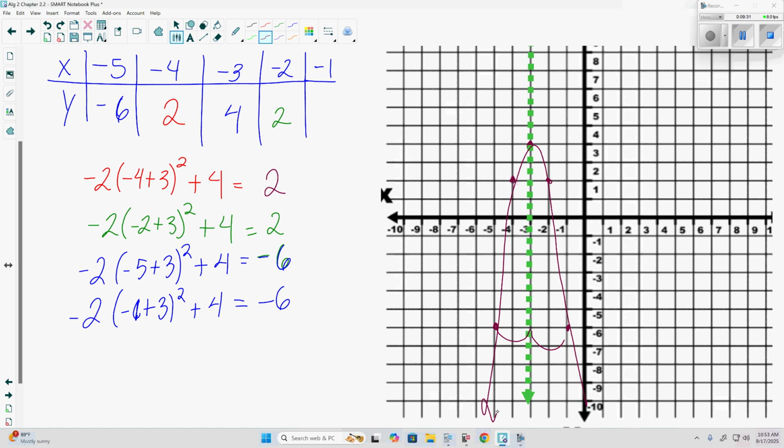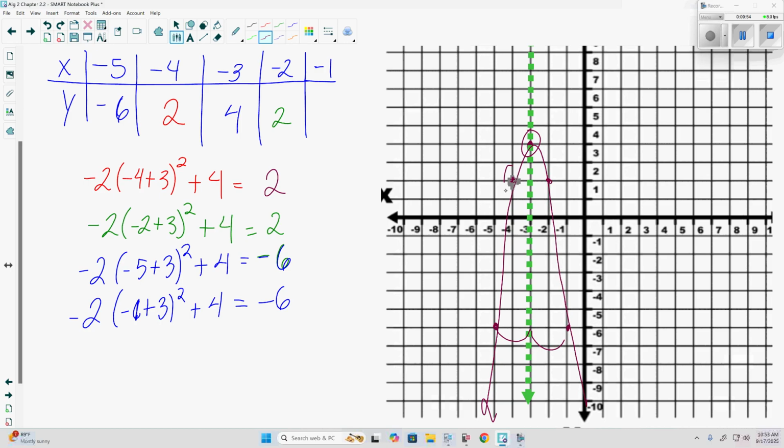And this is helpful, especially when graphing, because we said we had to have 5 points. But if I know the vertex and the axis of symmetry, I don't need to find 5 points. I only need to find the vertex and 2 other points. Because if I have those 2 points to the left or to the right, I know that the other 2 are going to be in a similar location.